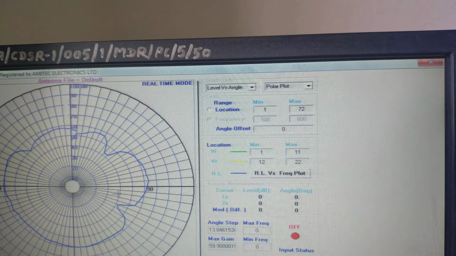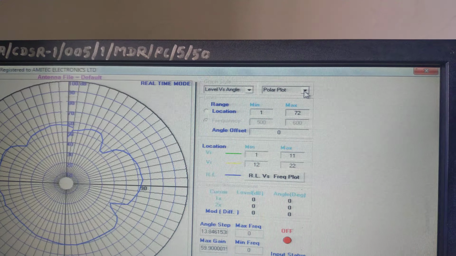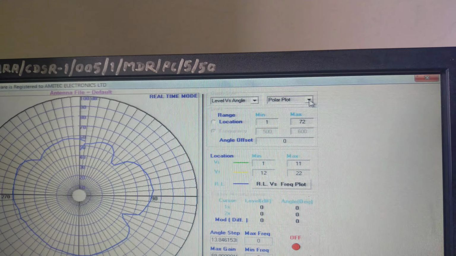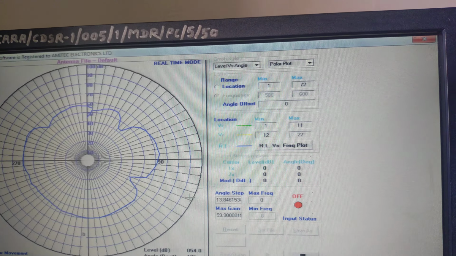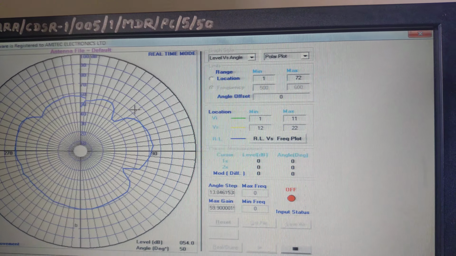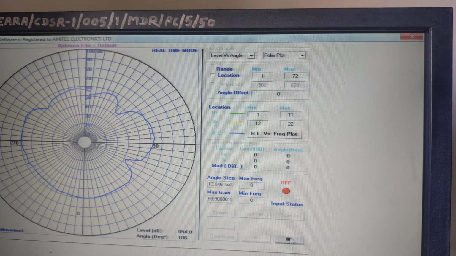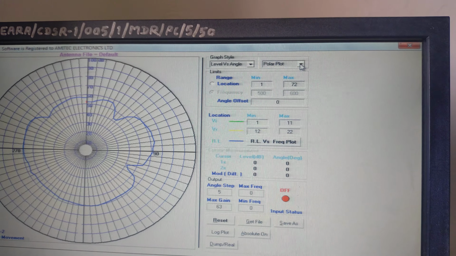We will observe the polar plot. This is a polar plot. We will observe the Cartesian plot, but it is not taking. We will observe some 3 dB, but it is not taking presently. But okay, we will press this button, then we will observe.